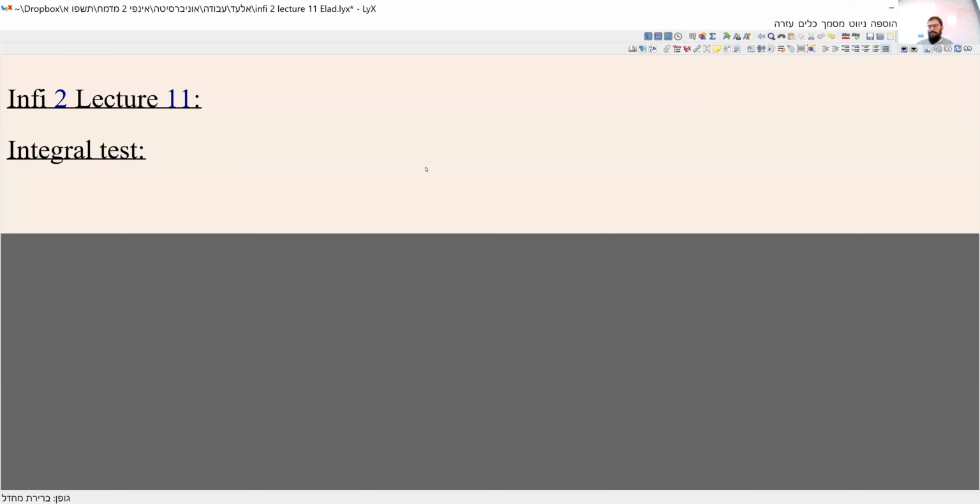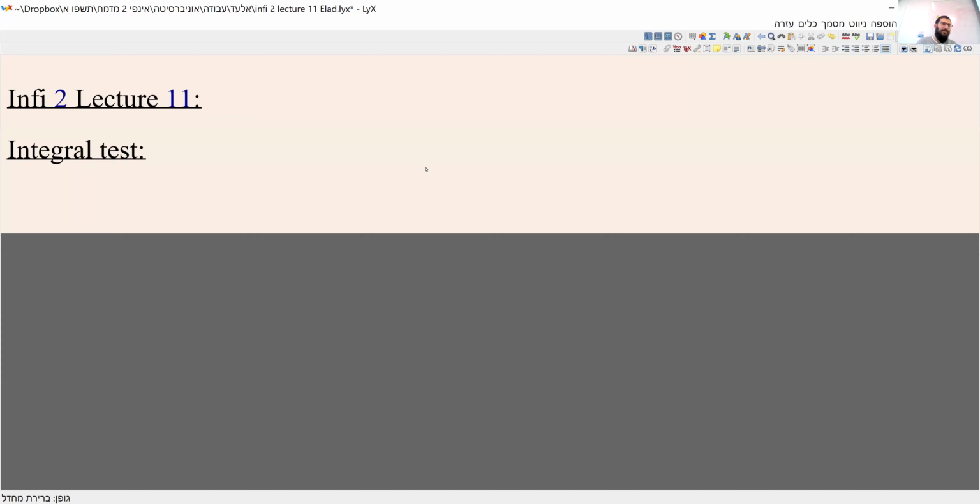I mean, the tests are basically called the same, comparison test and so on, that we saw last Sunday, and they say the same thing, just phrased differently. This one is for a series, this one for integrals. The integral of 1 over x to the power of p converges if and only if p is greater than 1. So it is similar.